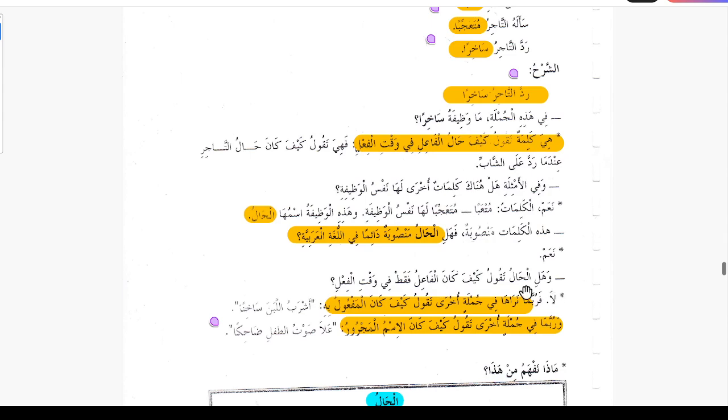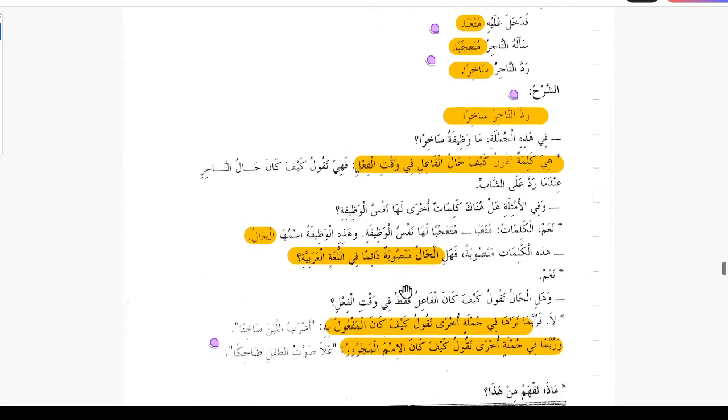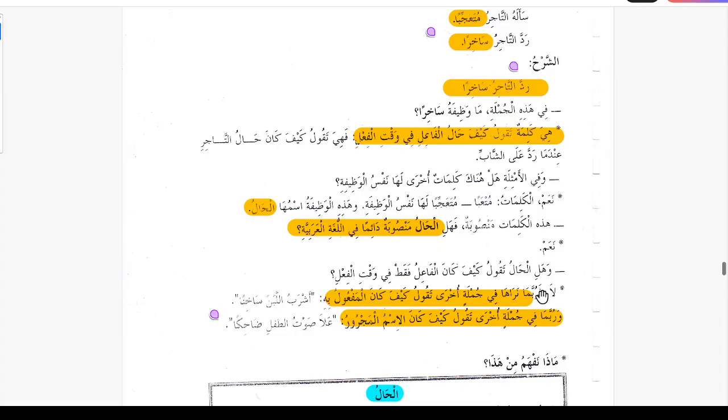Na'am, yes. Wa hal al-hal yaqulu kayfa kana al-fa'il faqat fi waqt al-fi'l? So does the hal tell you only about the state of the fa'il when he was doing the action? I mean, is it only for the fa'il, or can it also be for the maf'ul bihi? La, no, it is not always for the fa'il. Rubbama narahu fi jumlatin ukhra yaqulu kayfa kana al-maf'ul bihi. Maybe in another sentence it tells you about the state of the maf'ul bihi.